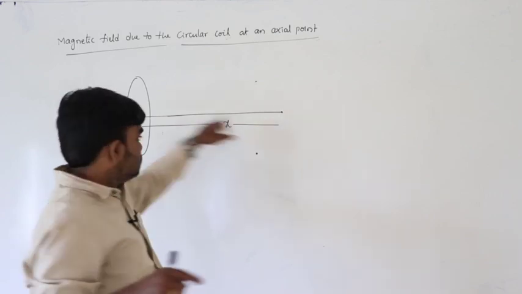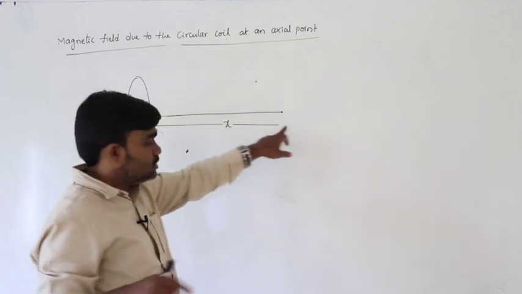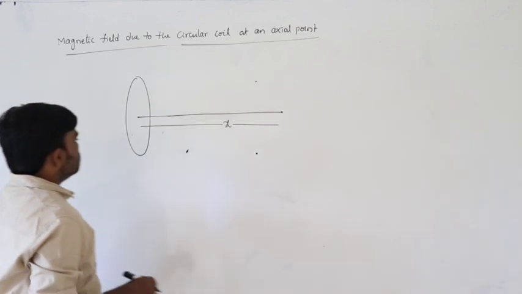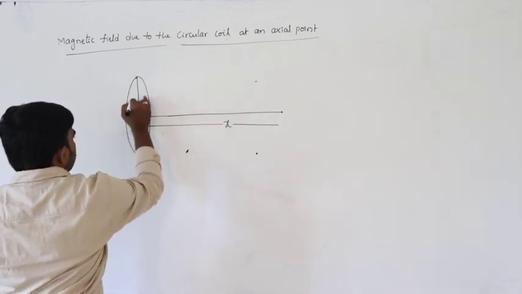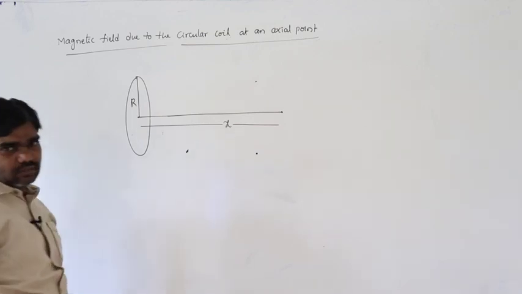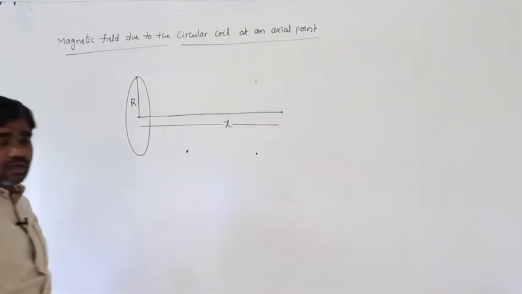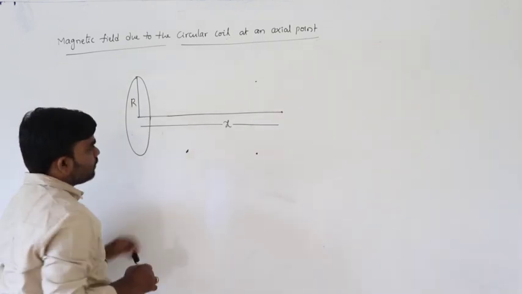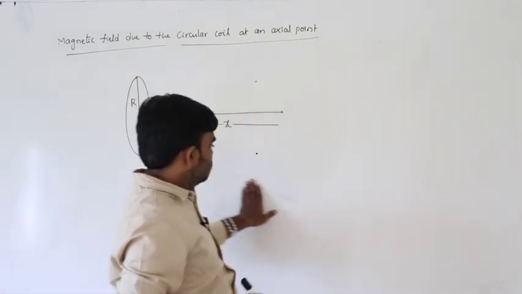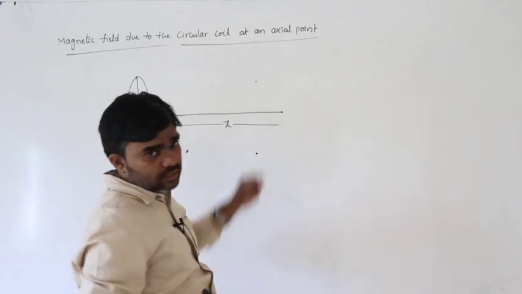This is the axis of rotation, so this is called an axial point. Let us say capital R is the radius of the circle. Now in this situation, how can we calculate the magnetic field at this point?